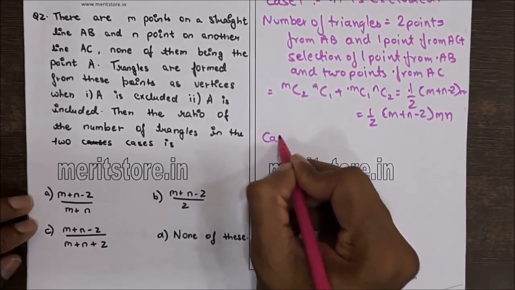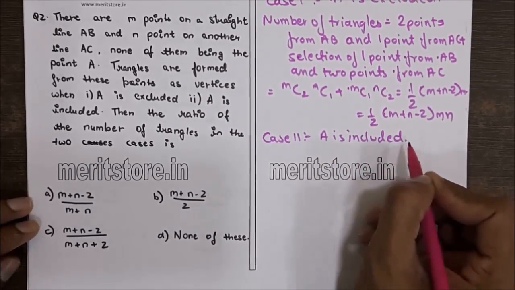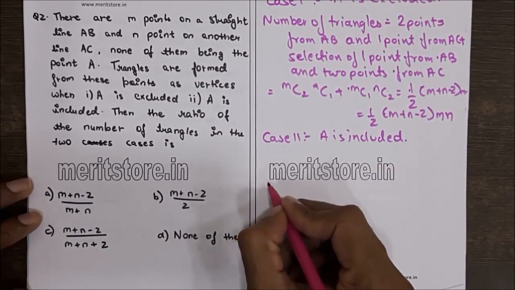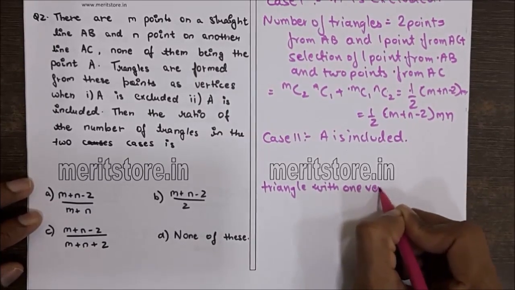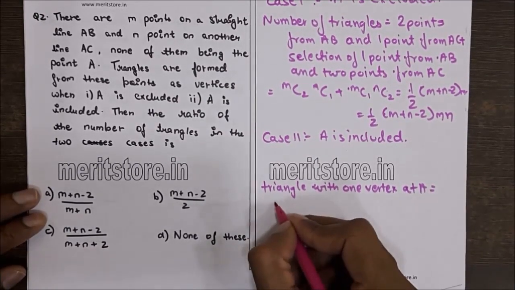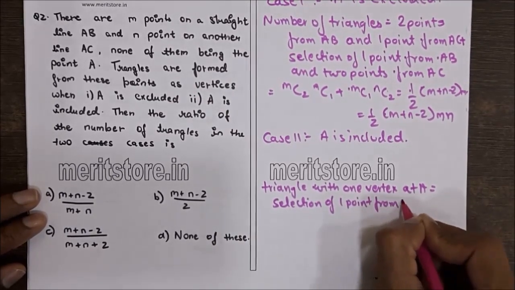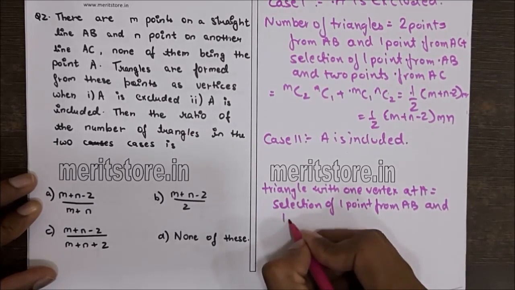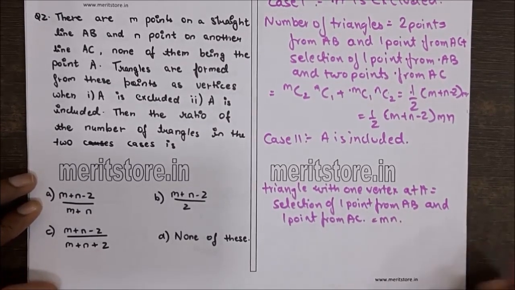So in case 2, when A is included, the triangles with one vertex at A are equal to selection of one point from AB and one point from AC. That is equal to m into n.